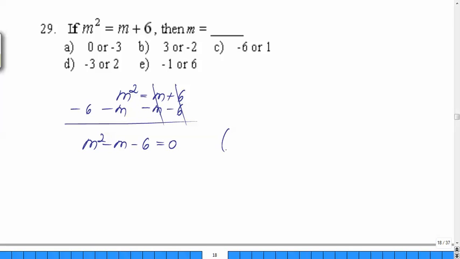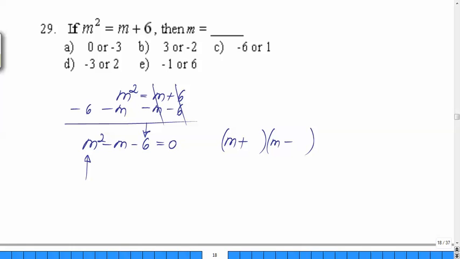So first of all, if this is factorable, if you can factor this one in each one of these binomials as factors, you'll have m as the first one, because their product will give you m squared. Now we check the last number, which is negative 6. Negative means that one of them will be positive, one of them will be negative, right?